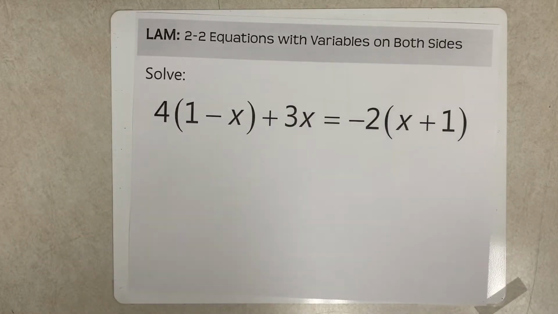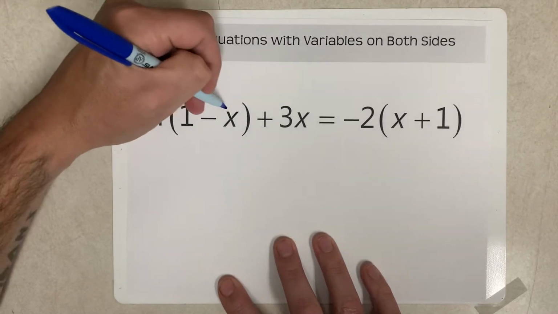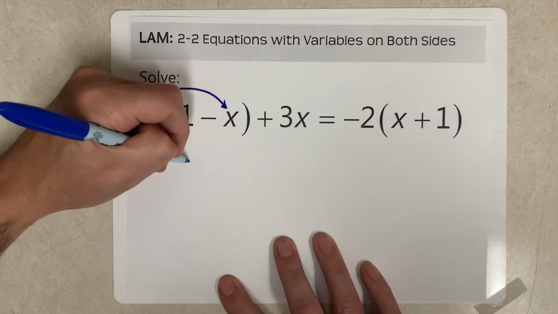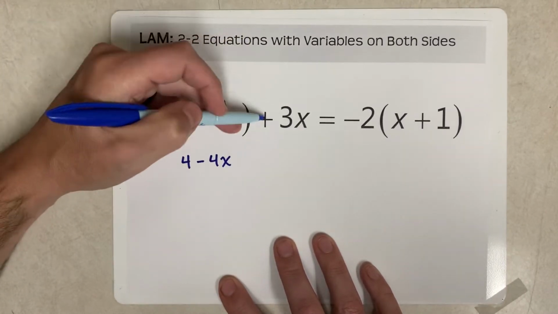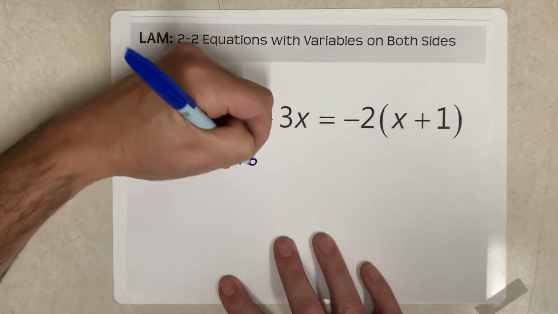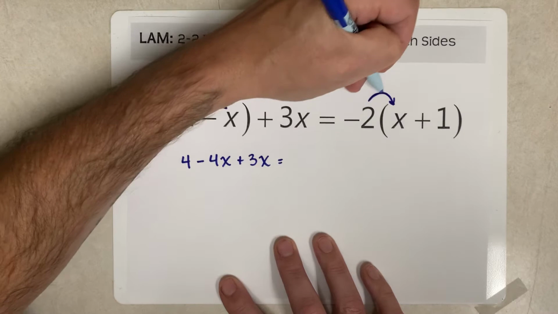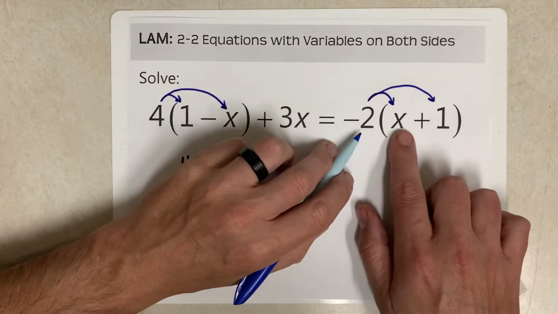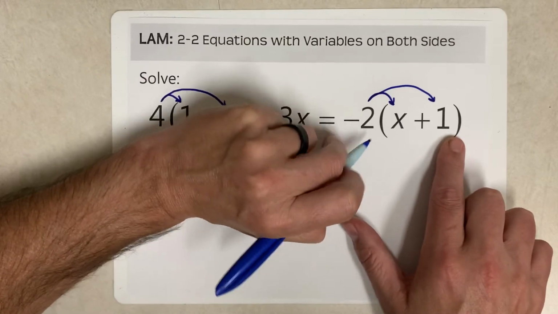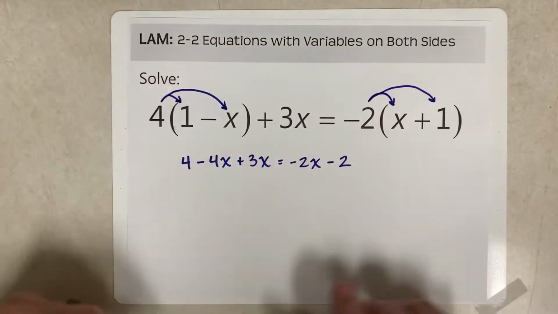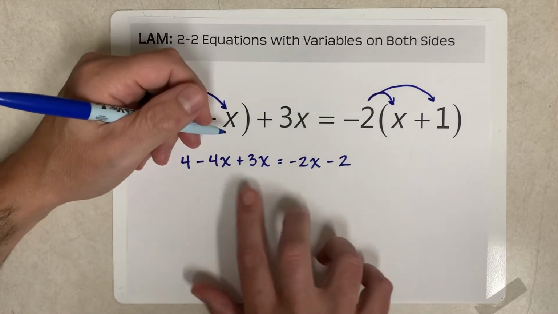All right, this example, distribute. 4 times 1 is 4. 4 times negative x is negative 4x plus 3x equals, distribute, negative 2x. That would be a minus 2 when you multiply those together. All right, let's clean this up. A negative 4x and a positive 3x makes a negative 1x.